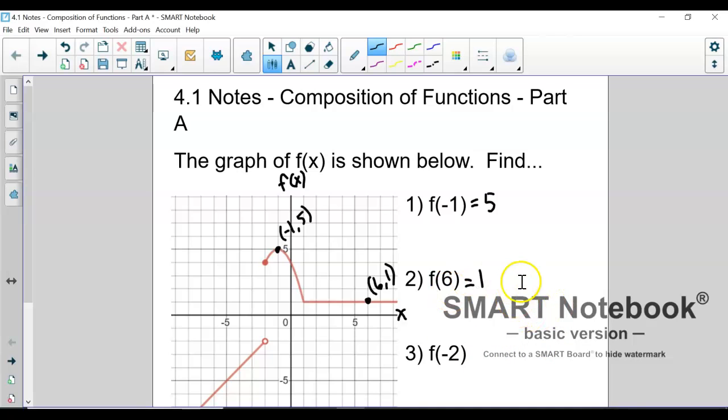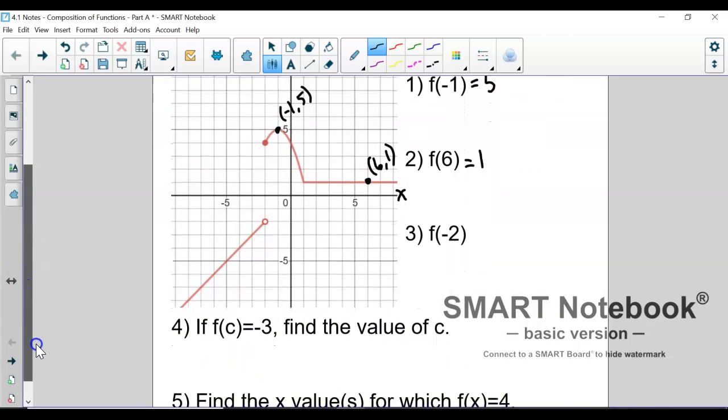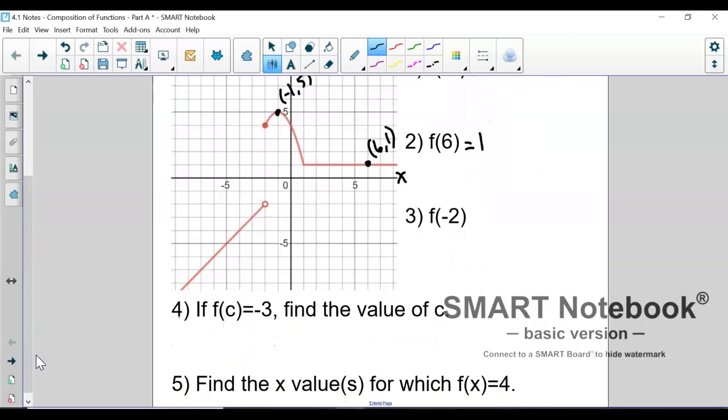Now, number 3 is a little bit trickier because it's going to ask us for f of -2. If we go right here to -2, you can see we've got this big jump in the graph. Whenever this happens, we need to use whichever part of this piecewise function has the colored in circle.